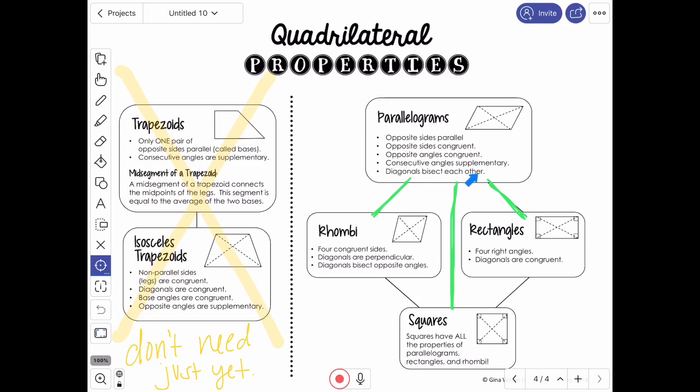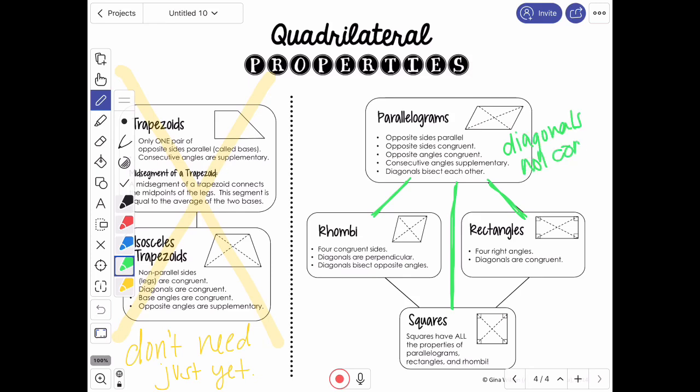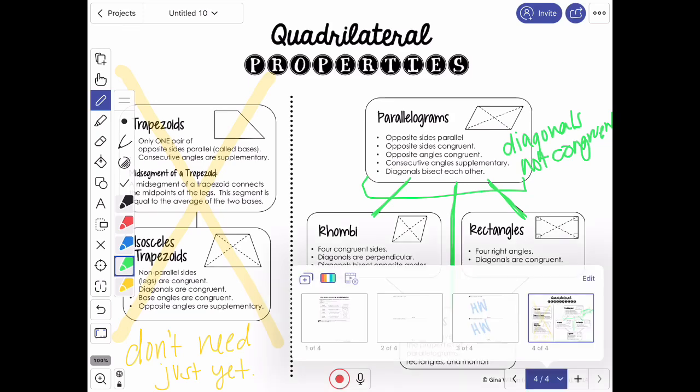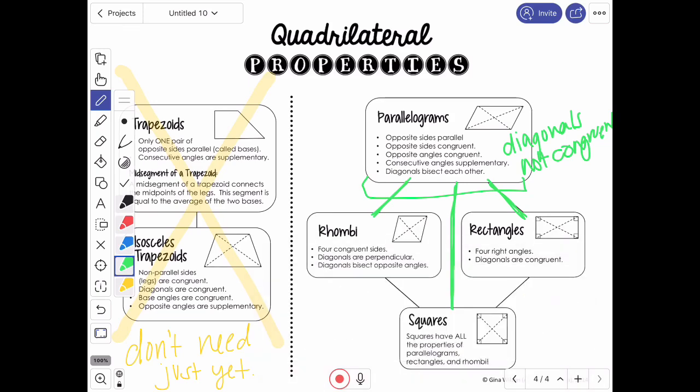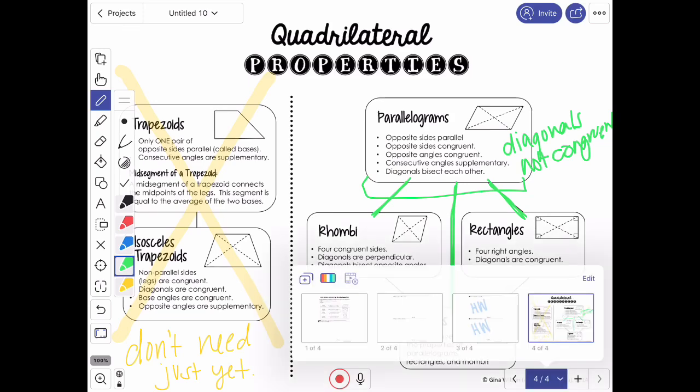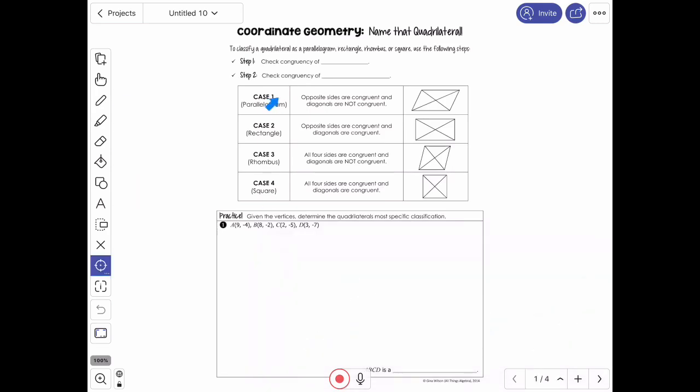So you're supposed to assume, oh, they're not congruent. So maybe off to the side you could put a reminder: diagonals are not congruent. I'm sure you can make it look a lot prettier than this by adding some more room for each box. But it's completely up to you if you want to make this sheet just as it is on Canvas, or if you want to add in this stuff from the notes as well.